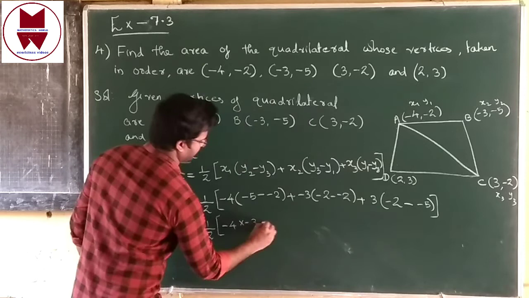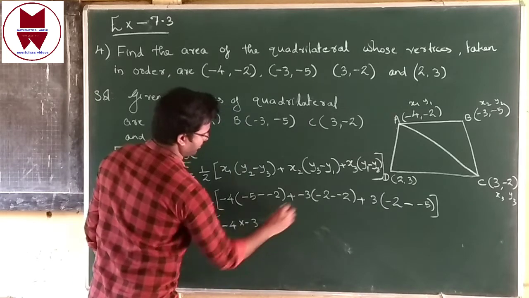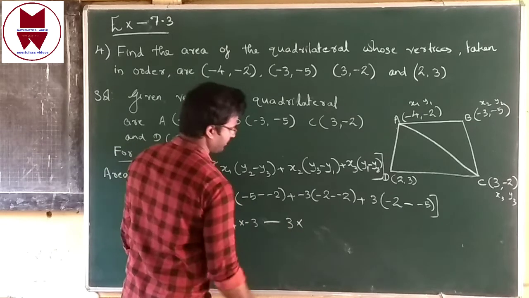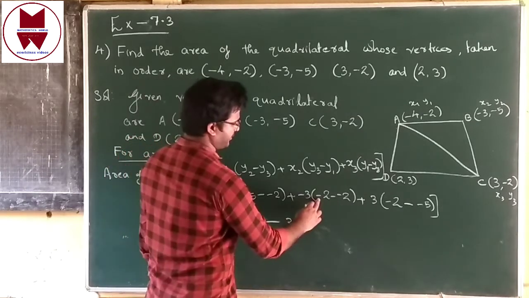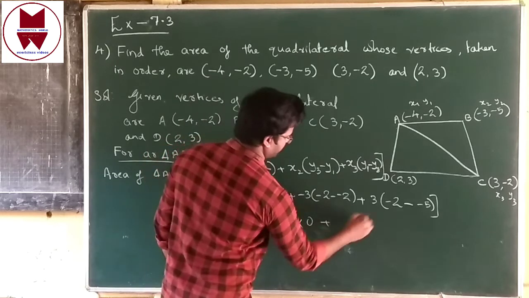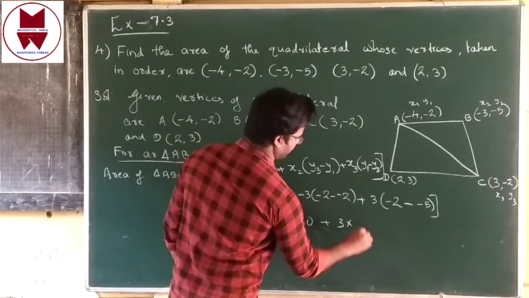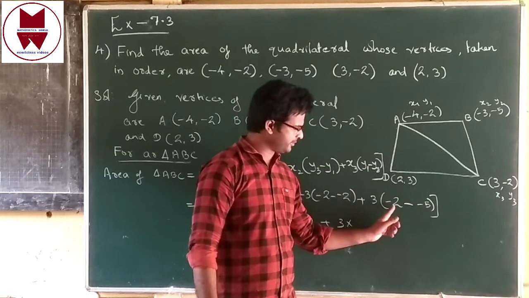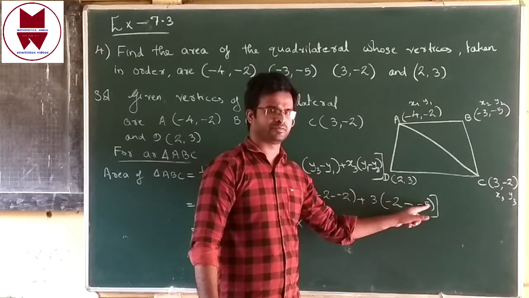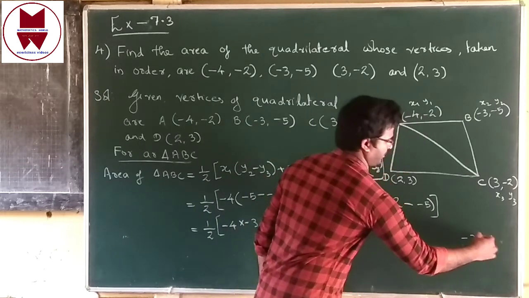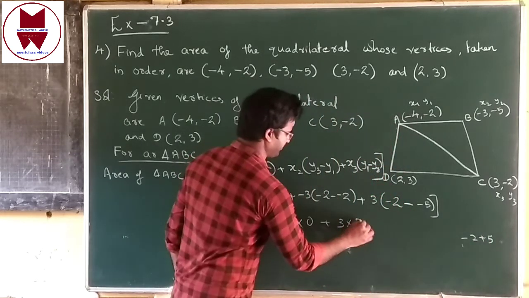Then plus into minus, we write -3 into (-2 minus minus 2), minus minus becomes plus, -2 plus 2 is 0. Plus 3 into, in here also minus minus plus, that means -2 plus 5, that is 5 minus 2, we will get 3.